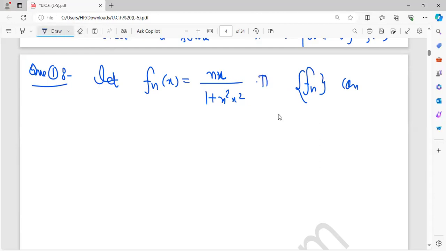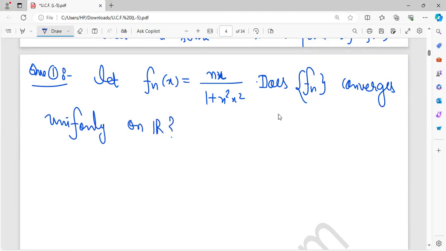Does fn(x) converge uniformly on R? Okay, so let's see its solution.